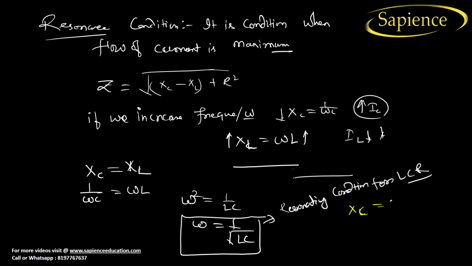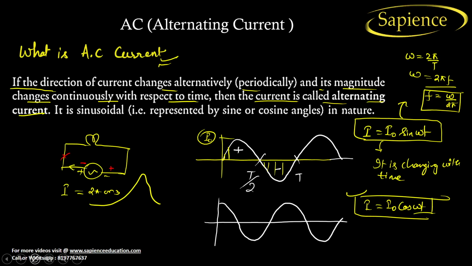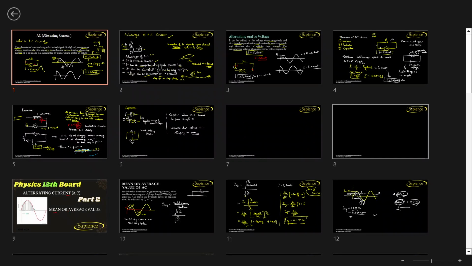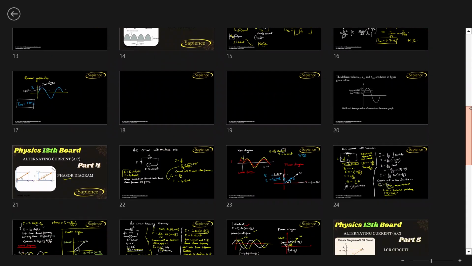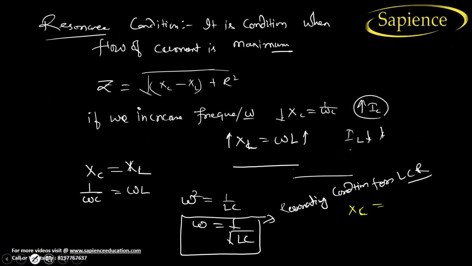And one more thing you have noticed here, that in this condition Xc is equal to XL. What will happen for impedance?